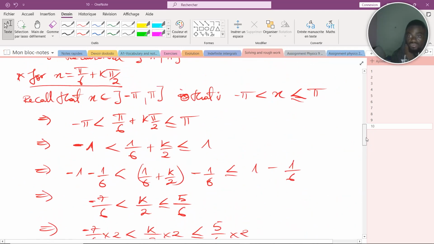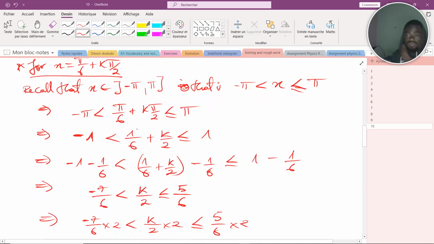And don't forget that if you multiply or divide by a negative number, the inequality sign will change. Here we divided by positive pi, so the inequality sign did not change.